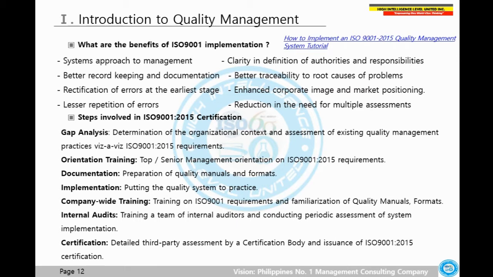You can audit your supplier. And the last one is third party audit, that is audited by a certifying body. So this is for the certification. So let's see. Implement.